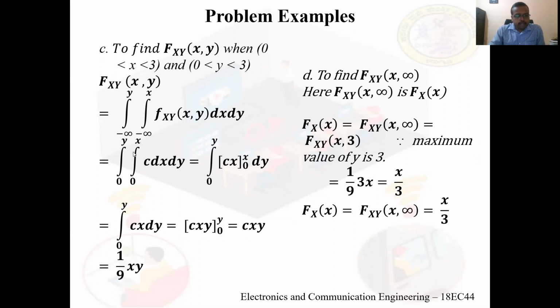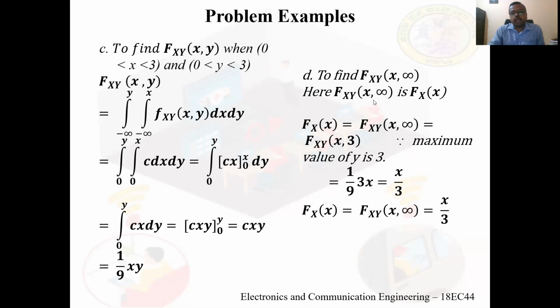And similarly the integration 0 to x for x lying between 0 to 3. And what is this bivariate CDF? It is given as c dx dy, right? Evaluate the double integration, substitute for c, you get it as 1 by 9 xy here.